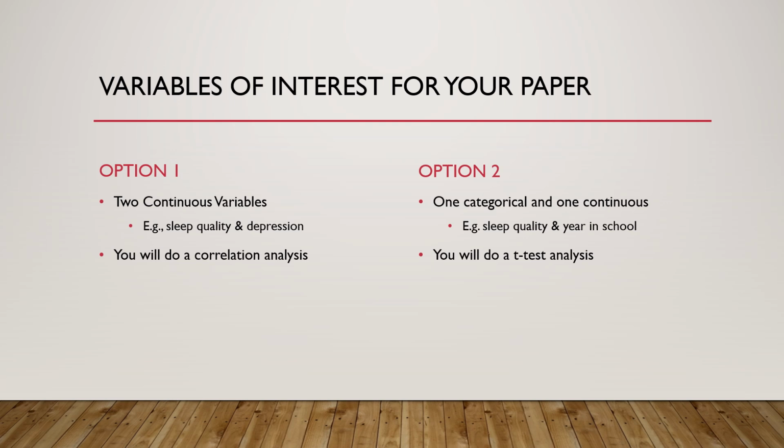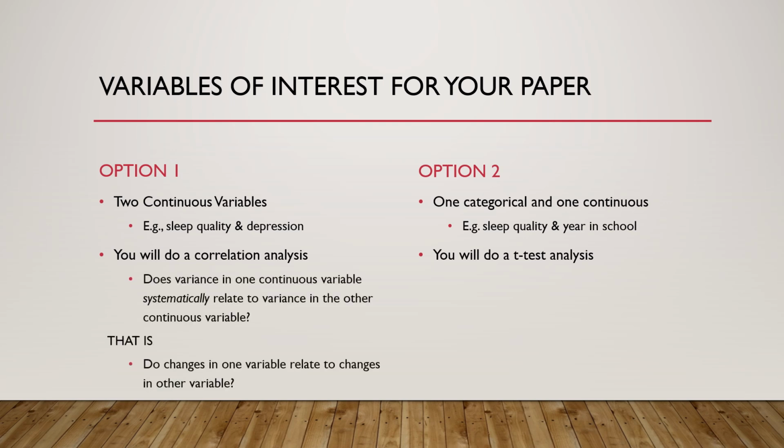One was to have 2 continuous variables from that survey we filled out. For instance, you could choose sleep quality and depression. And when you are choosing these continuous variables, you should be thinking of it in the context of doing a correlation analysis. As a reminder from stats, a correlation is trying to see, does the variance in one continuous variable systematically relate to variance in the other continuous variable?